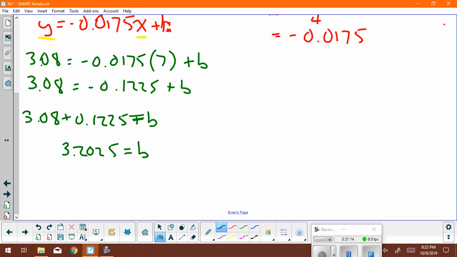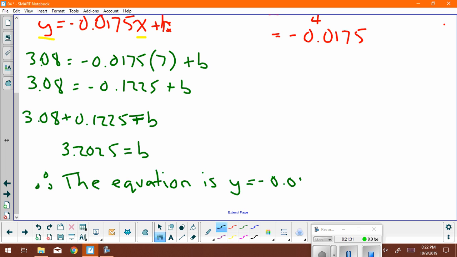So finally, therefore, the equation is y equals negative 0.0175x plus 3.2025.